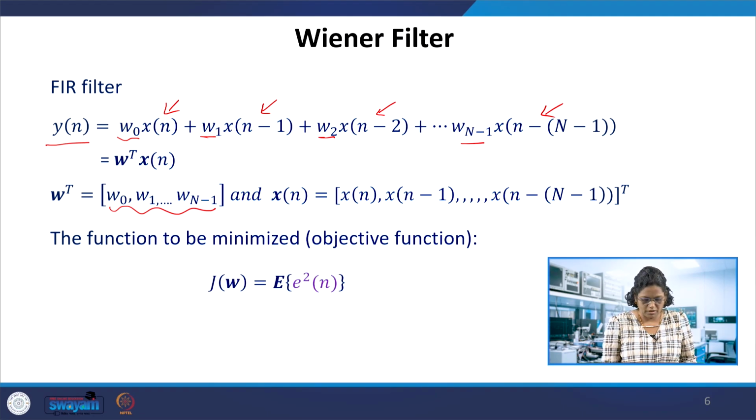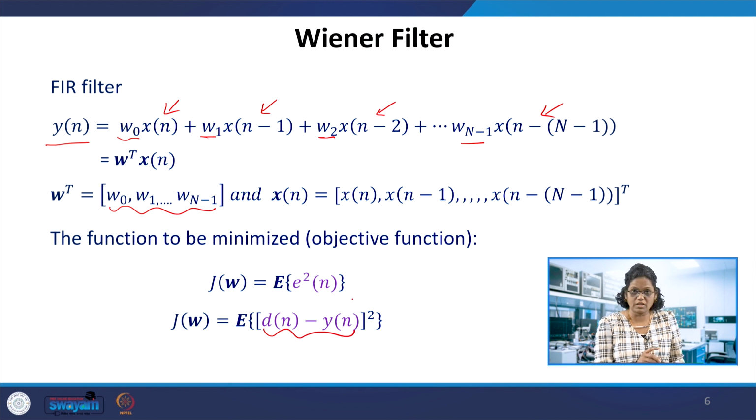We have d of n, the desired signal, coming in on one line, and the input samples x of n are multiplied with the weight vector to give y of n. Then d of n minus y of n is the error we have seen in the diagram, and we take the expectation of its square.